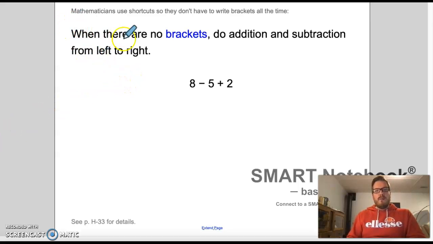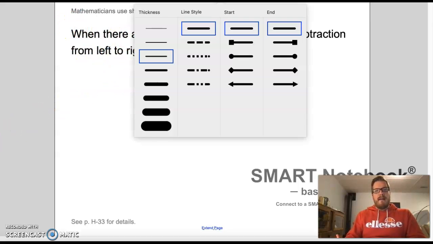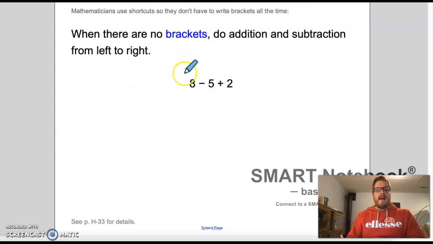Now, there's a couple of rules in the questions where we don't see brackets. When there are no brackets, do addition and subtraction from left to right. This is just addition, subtraction, and so it's 8 minus 5 is 3, plus 2 is 5. That's all.